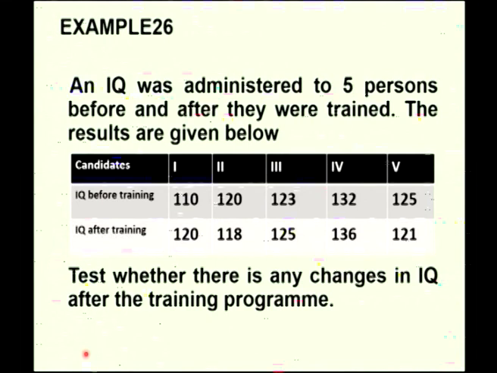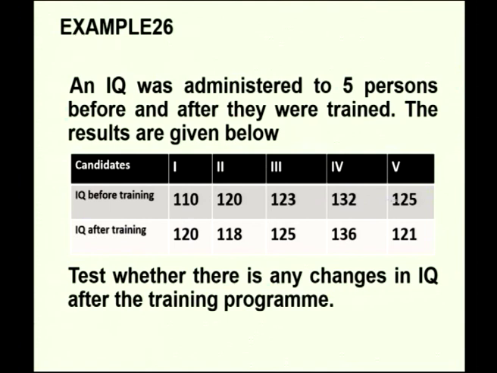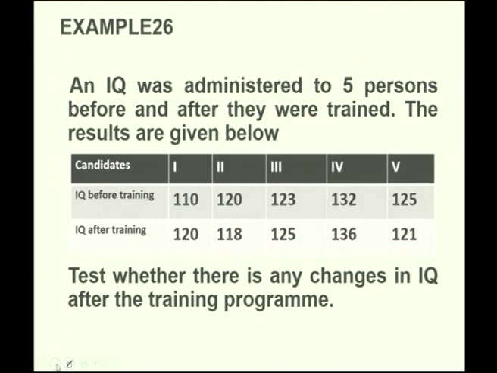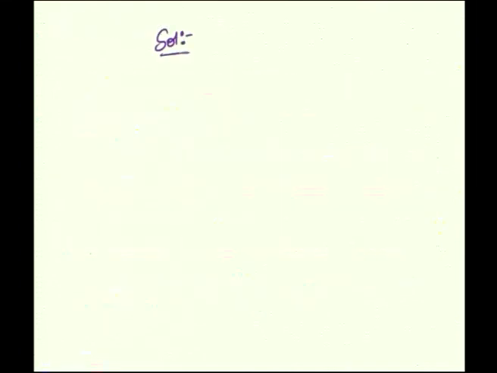What is the sample size? The sample size is 5 in each case. Therefore, n is equal to 5 and this is to be done with paired observations. That is the identification we have done with this problem. The sample is the same, with one set of observations before training and another after training. So, first of all let us start with H naught, step 1.